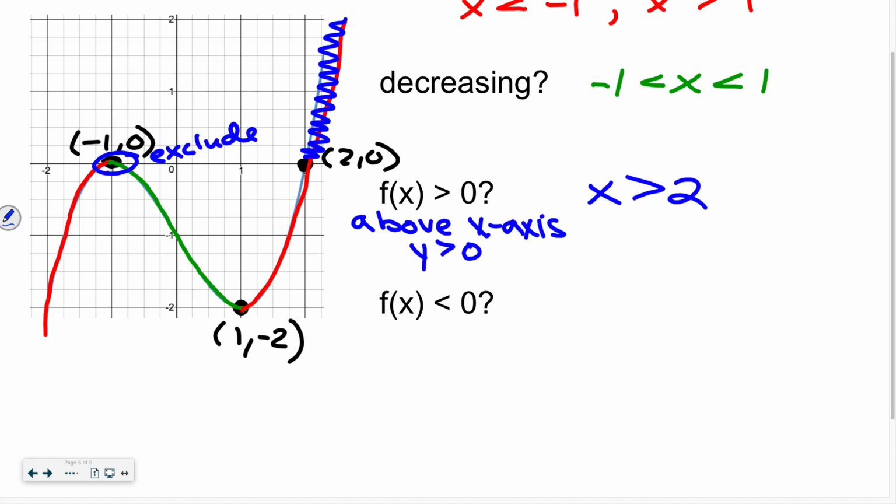So in terms of when is the function below the x-axis, or when is y negative, it's in all these places, but I have to exclude that x-intercept. So for x less than -1, it's under the axis. When it's equal to -1, it's 0, so that's not under the axis. But then between -1 and 2.